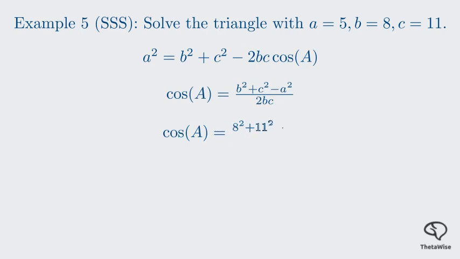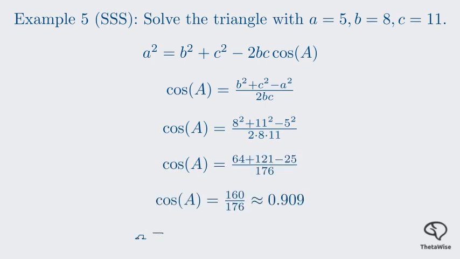Plugging in our values, we get cosine A equals 8 squared plus 11 squared minus 5 squared, divided by 2 times 8 times 11. This simplifies to 64 plus 121 minus 25 divided by 176. That's 160 divided by 176, which is approximately 0.909. Taking the inverse cosine, we find that angle A is approximately 24.62 degrees.